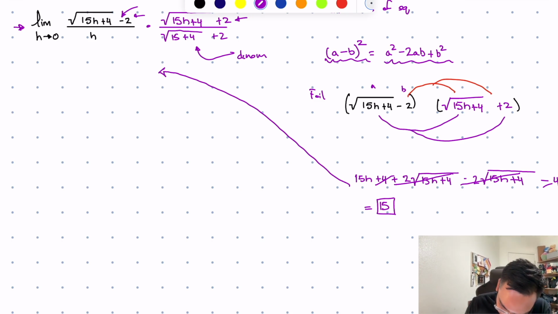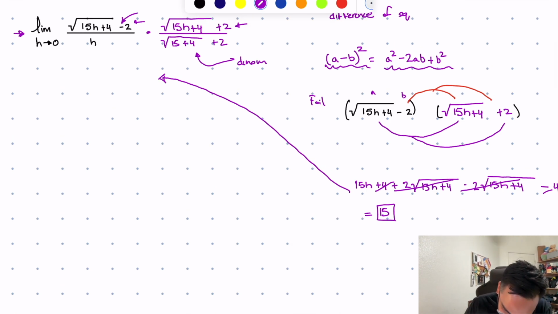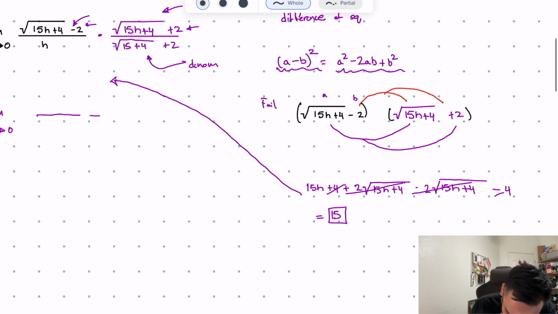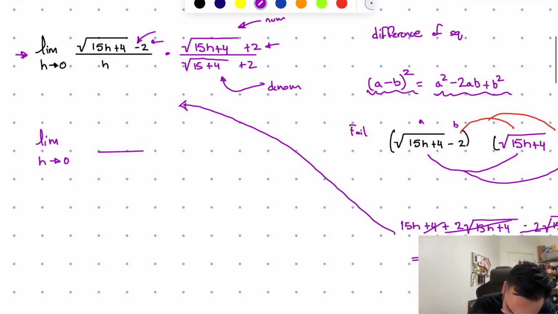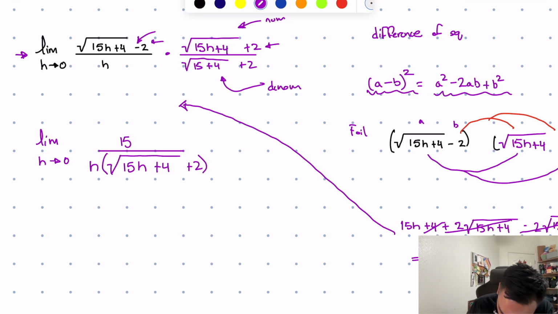So back to our original equation, we're going to keep everything the same. h approaches 0. So top is going to be, sorry, iPad is just being a little finicky. So 15 on top, and it's going to be h times root 15h plus 4 plus 2.